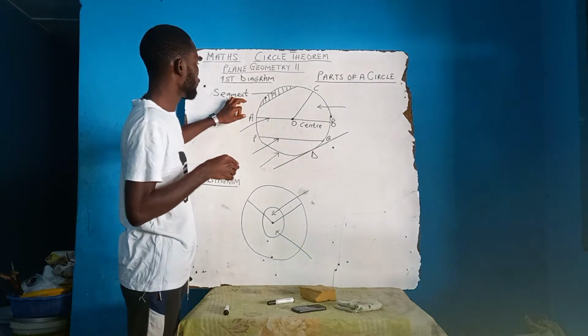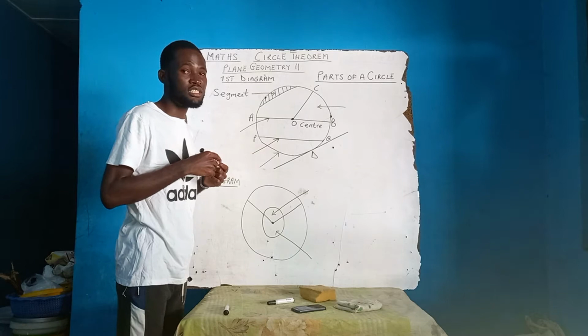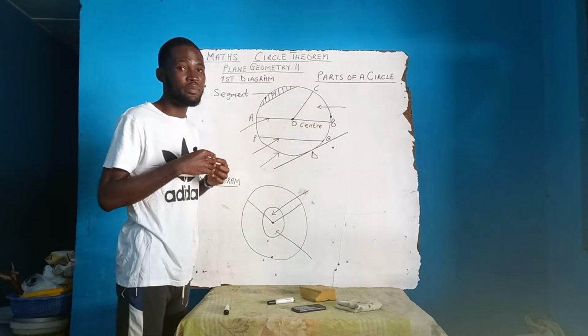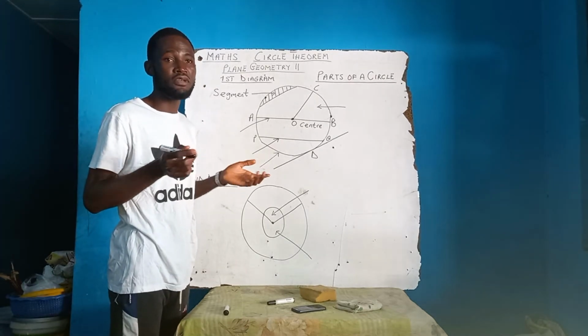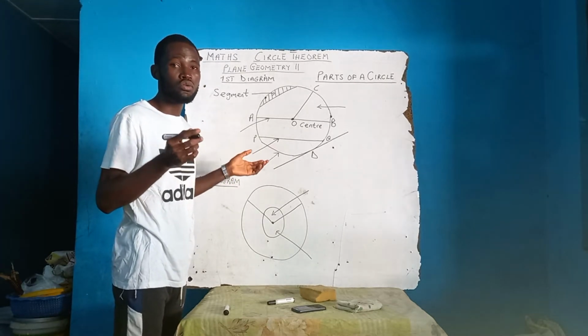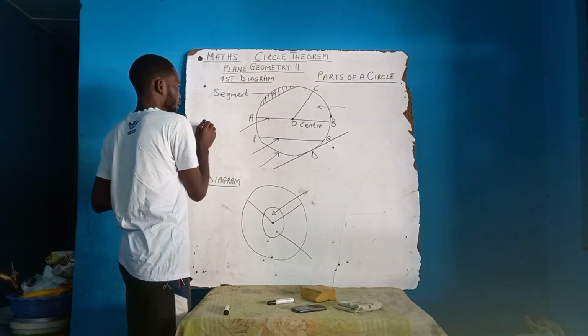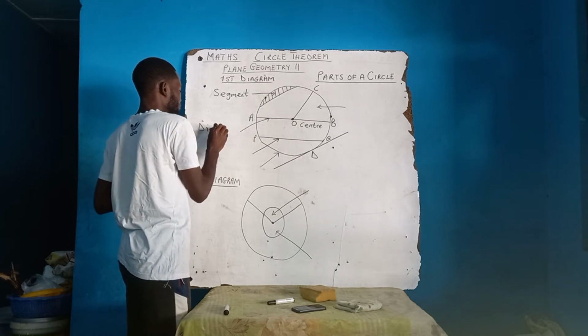And then we move on to another part, as we can all see on the board. That is what we specifically term the diameter. The diameter divides the circle into a hemisphere, or in other words, two equal halves. So we are going to have our line AB as our diameter.